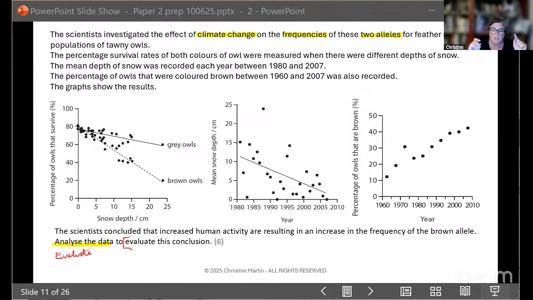But I do want to talk about this question because it's a fascinating one. It's talking about the depth of snow, and remember there were different colors, gray and the brown one. You're looking at the percentage that were colored brown. Why are they being colored brown? Climate change, what could that be linked to?